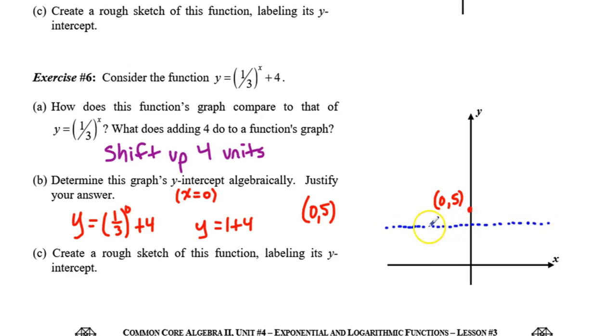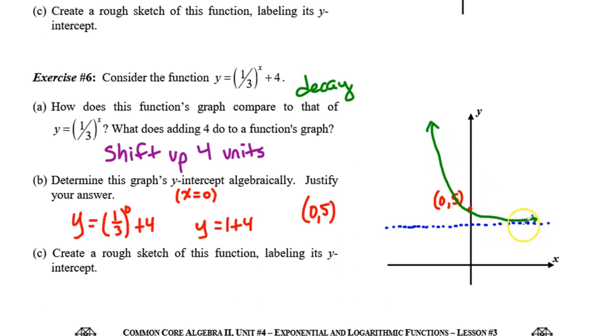It used to be on the x-axis, but now it's all been shifted up 4 units. So now this graph, you have to think about, this is exponential decay, right? Because the value of b is less than 1. So I know it's going to decay like this, coming down, and then hugs the asymptote like that.